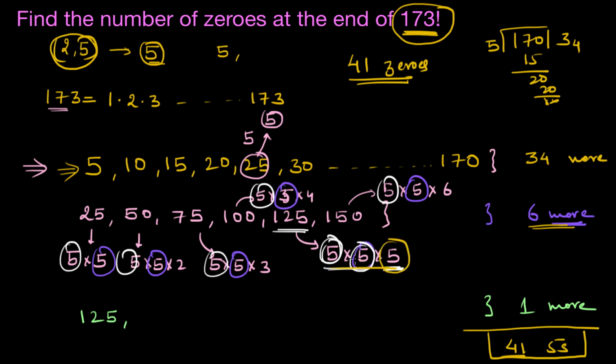Actually, they'll give me 3 5s, but this 5 I have already counted as a multiple of 5, this 5 as a multiple of 25, and this 5 I'll count as a multiple of 125. So this gave me one more 5. And all the numbers will be lesser than or equal to 173, not beyond that. So altogether I'll have 41 5s, which will give me 41 zeros at the end of 173 factorial.